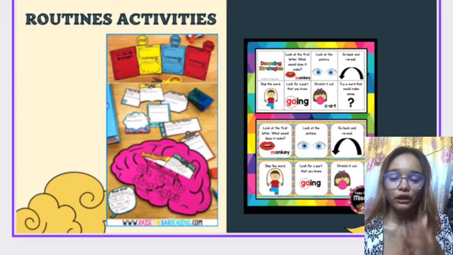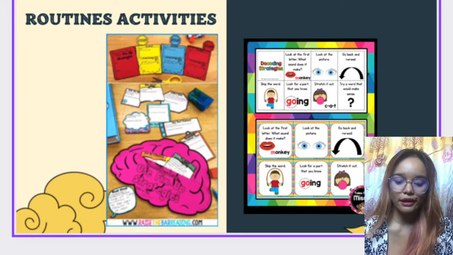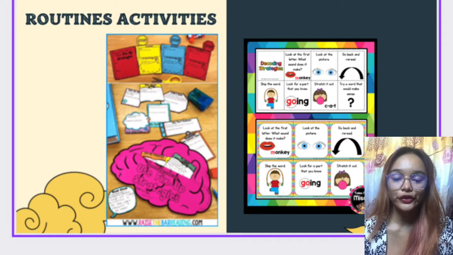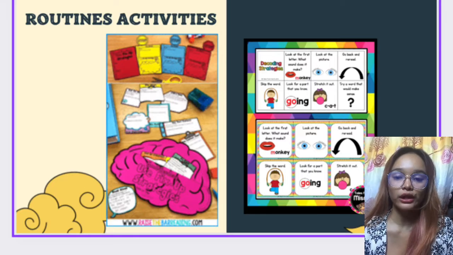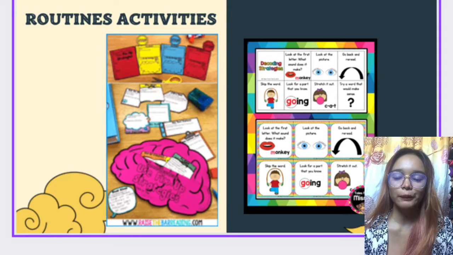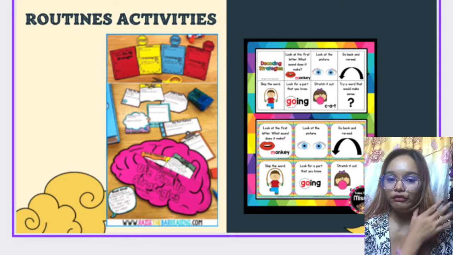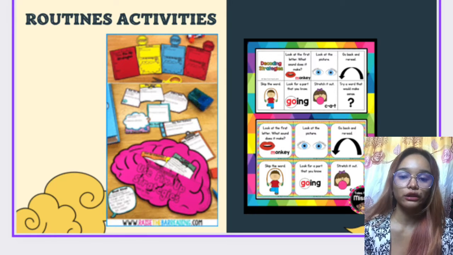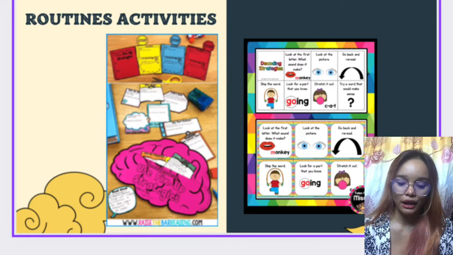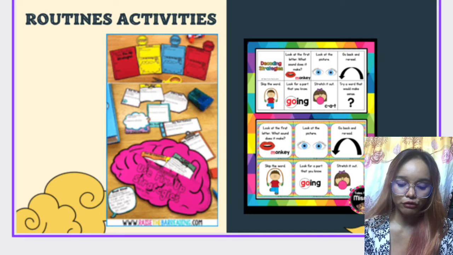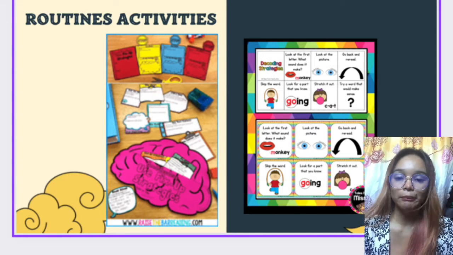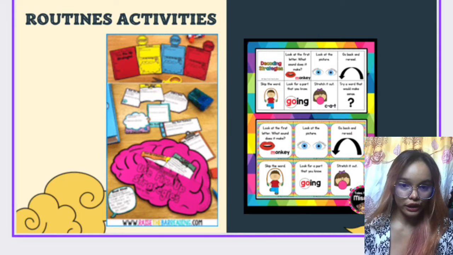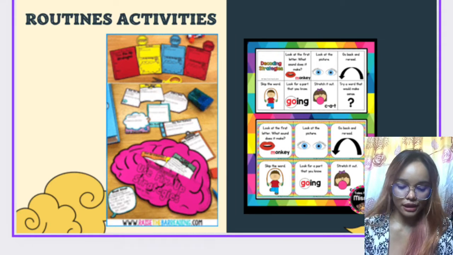And there could also be some words from the walls or the bulletin boards that teachers could give as an assignment or routine practice to the students. These are regularly done before, during the classes, and before the class ends.